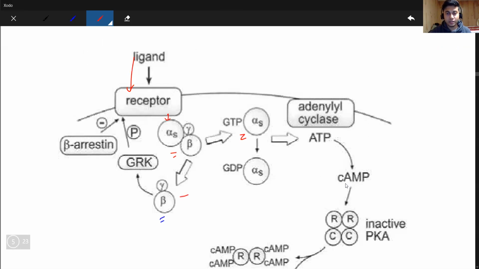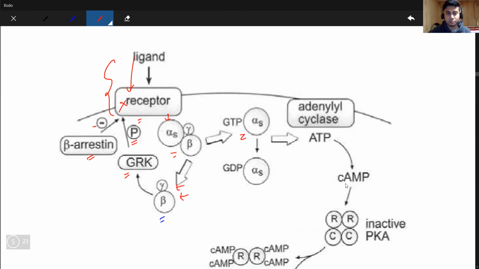Now, this beta and gamma subunit want to inhibit the action of the ligand and receptor interaction. How do they do it? By some other protein, GRK, which phosphorylates that receptor. And there is another protein that comes here, beta-arrestin, that helps to inhibit the action of this ligand receptor interaction. Now, when this ligand receptor interaction is inhibited, the signal is lost.